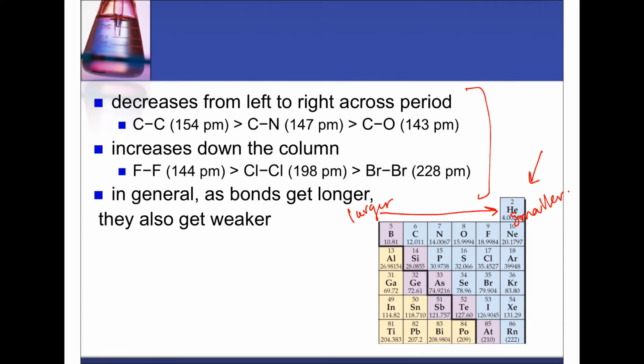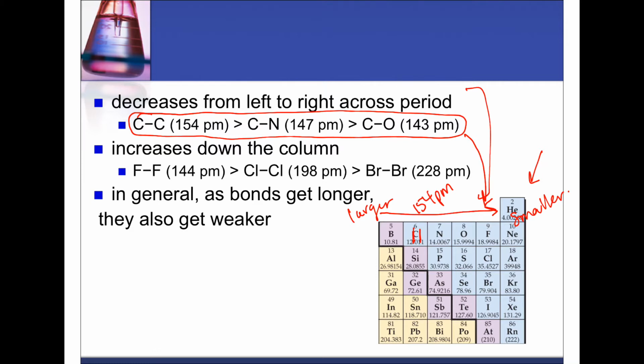Okay, so I want to look at how the periodic trends influence our bond lengths here. So I'm going to look at this trend here. The first one is a carbon to a carbon bond, and that's 154 picometers.